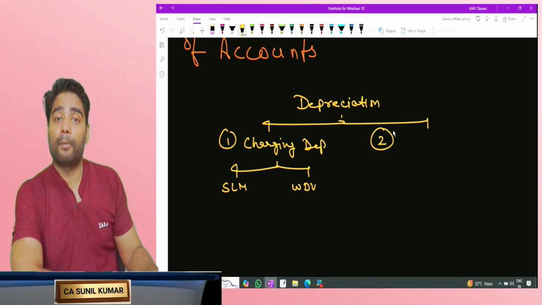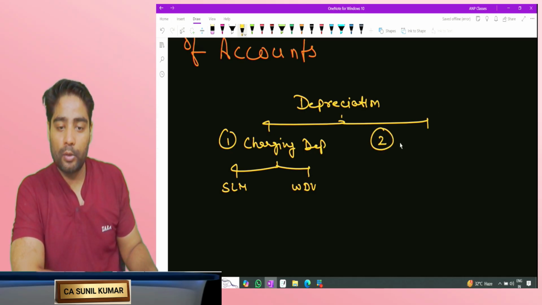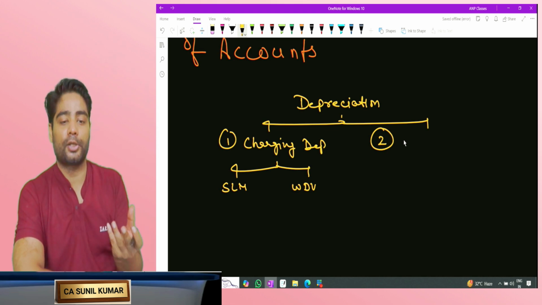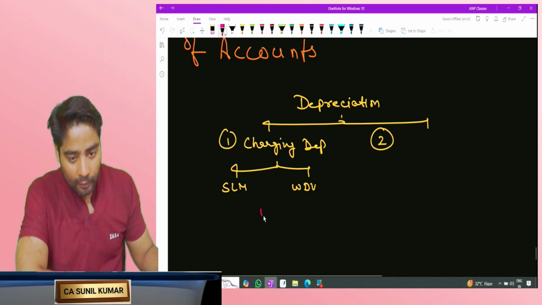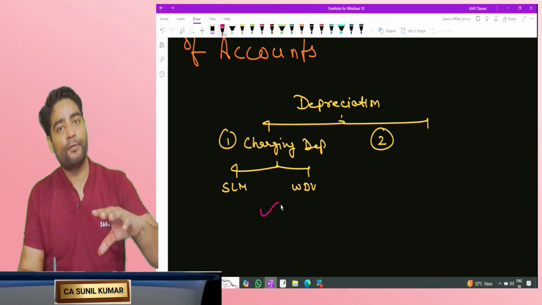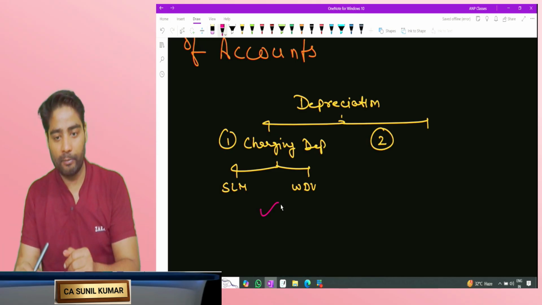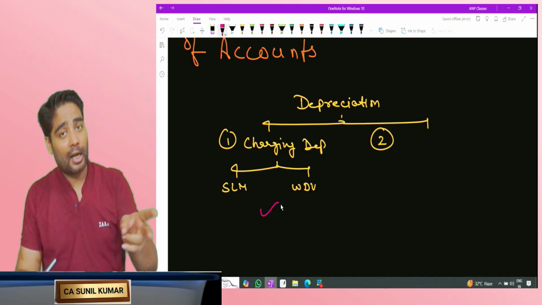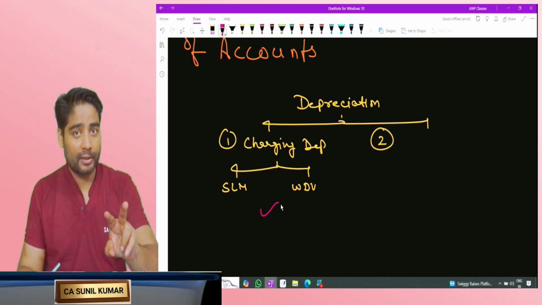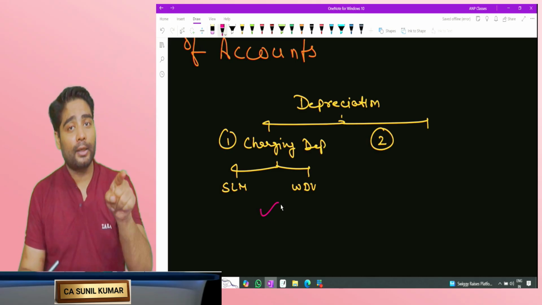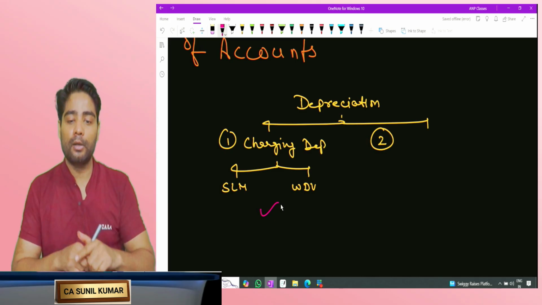Now we are understanding how we record the depreciation. First we calculate the value, using the straight line method or WDV method. After calculating the depreciation, there are two methods by which we can record depreciation in our books.